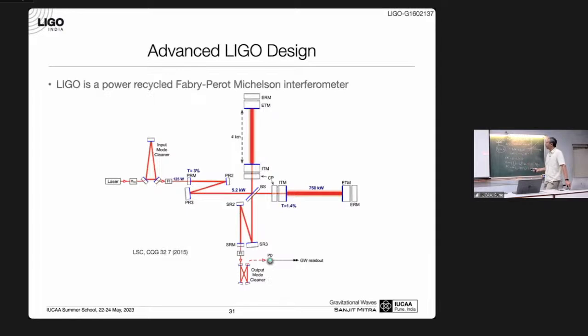Now let us come back here. The thing is that when you are increasing the laser power in this cavity, and increasing the number of folds in the cavity, you are also increasing the number of photons bouncing on the mirror.